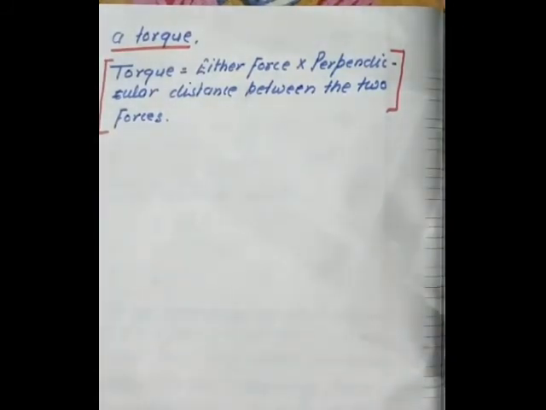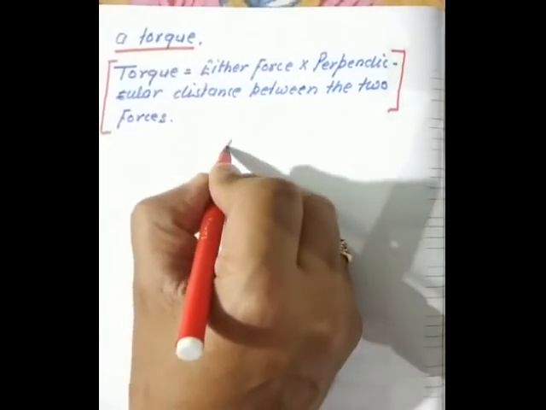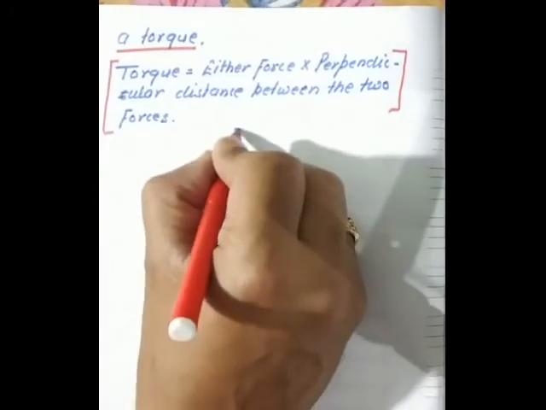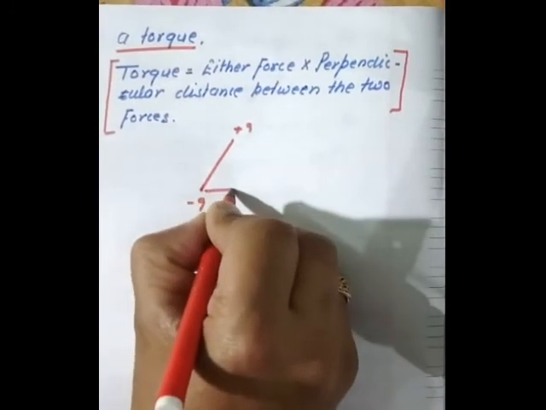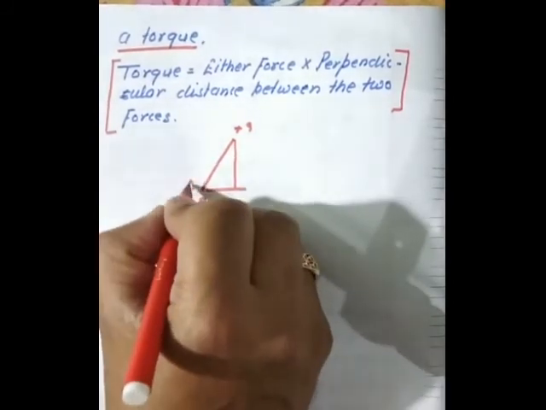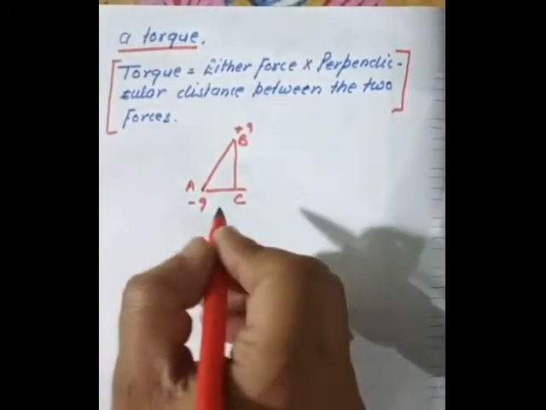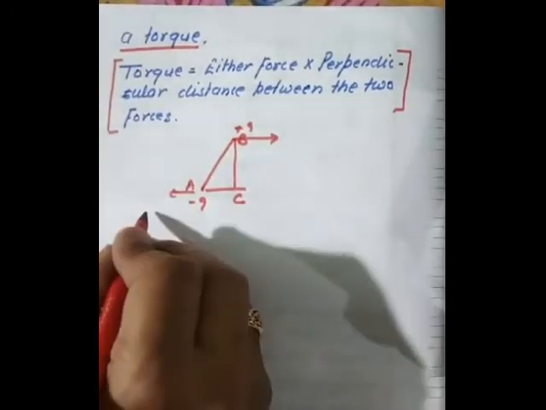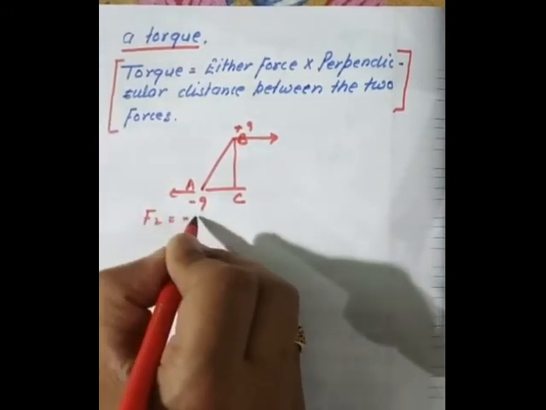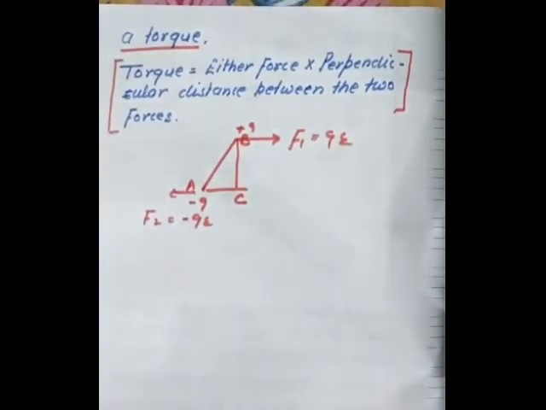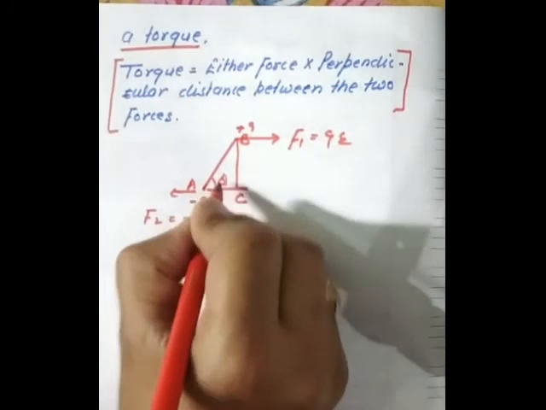When we see the diagram, it looks like this. The two charges, negative charge and positive charge, like this. This point A, this B, and this is C. F2 equals negative QE, F1 equals QE. This is the theta angle.